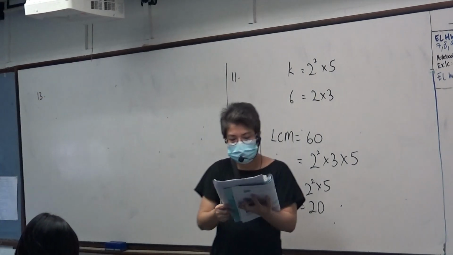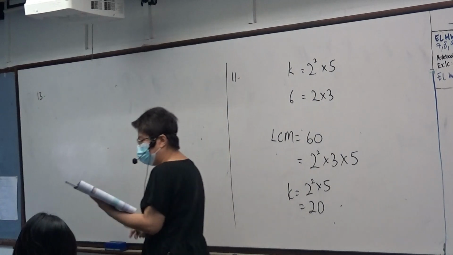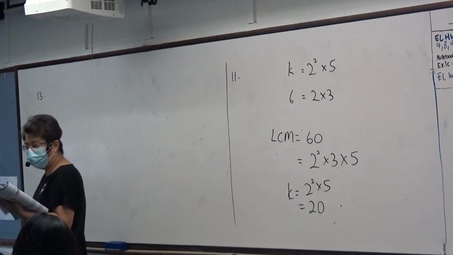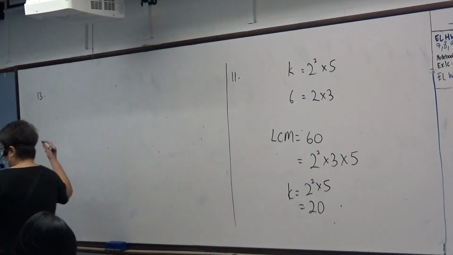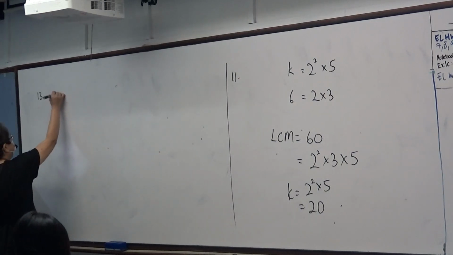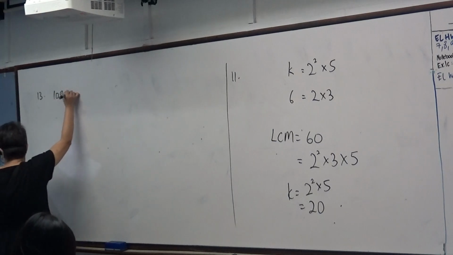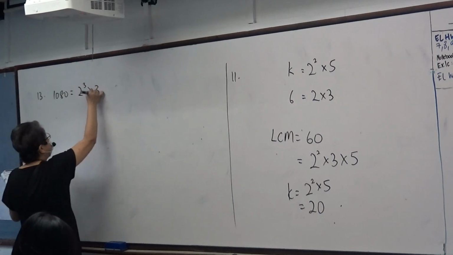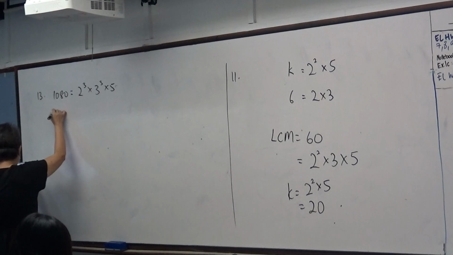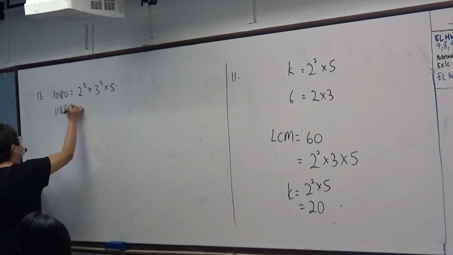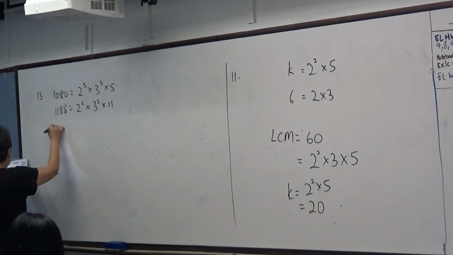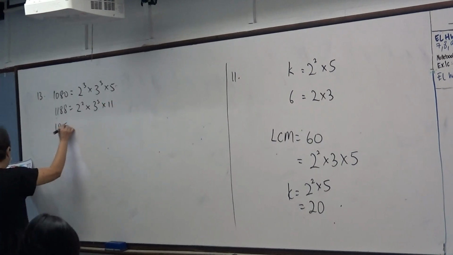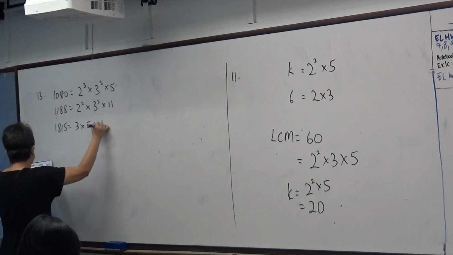The numbers 1080, 1188, and 1815 written as the product of their prime factors are such and such. Okay, so I will have 1080 as 2 cubed times 3 cubed times 5. 1188 as what? 2 squared times 3 cubed times 11. And 1815 as 3 times 5 times 11 squared.